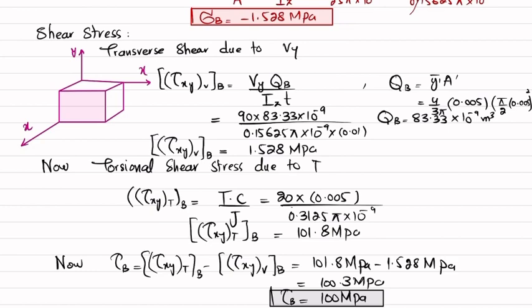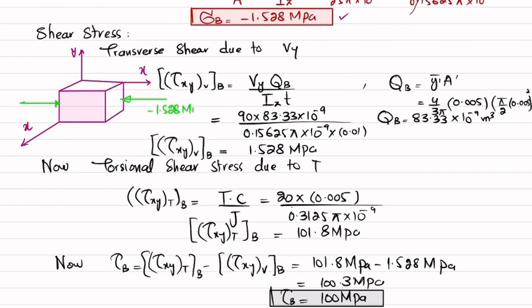The normal stress was minus 1.528. So we will represent them on the state of stress element. It is compressive, so minus on this face.